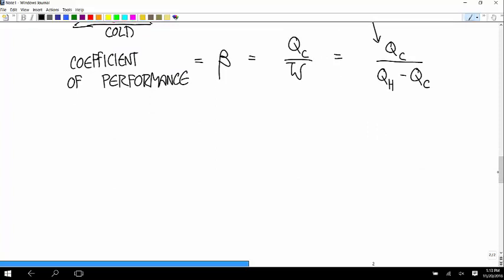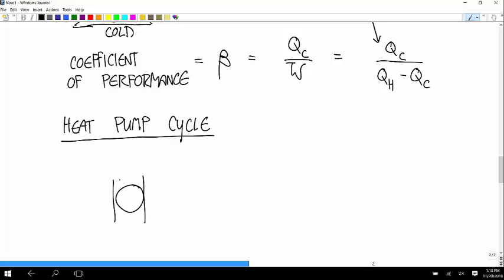Okay, and now the heat pump cycle. So here's the system. Here's the hot reservoir. Here's the cold reservoir. What are the directions of QC, QH, and W in this one?